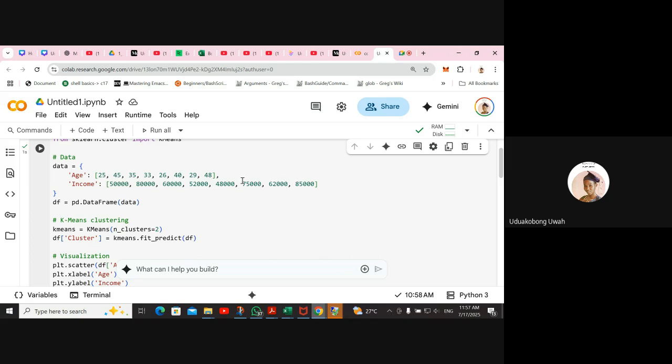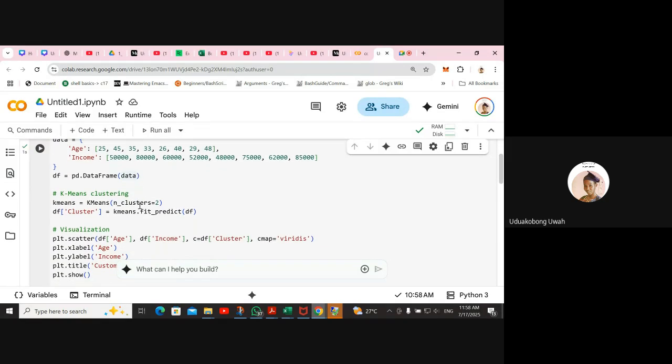So 1, 2, 3, 4, 5, 6, 7, 8, and 1, 2, 3, 4, 5, 6, 7, 8. Okay, it matches. I use the pandas library to convert this Python dictionary into a pandas data frame.